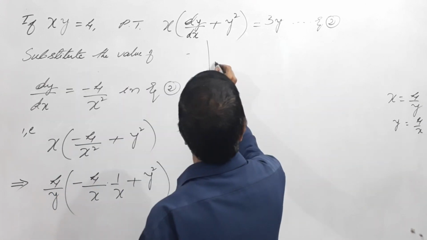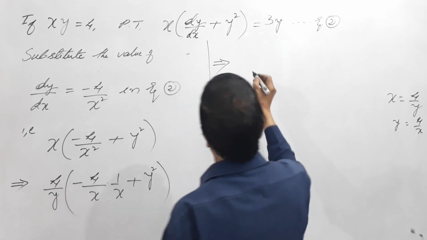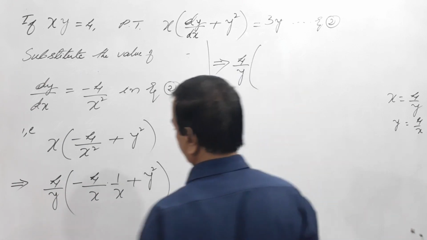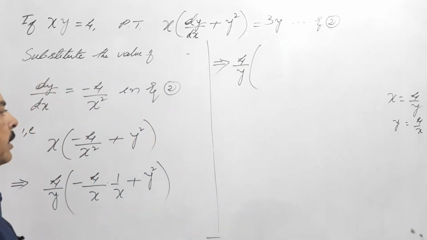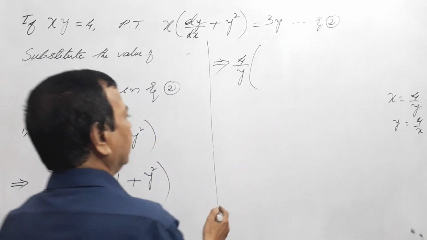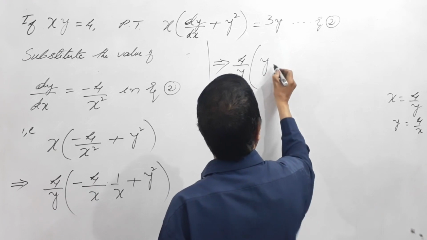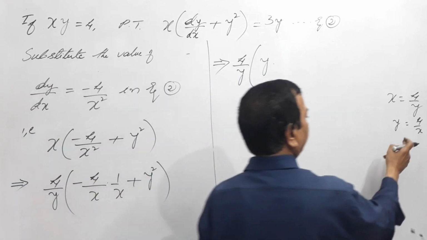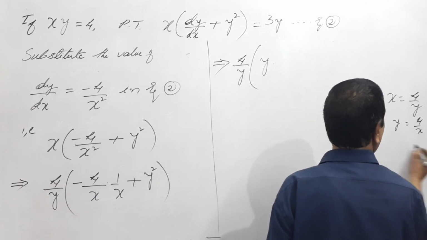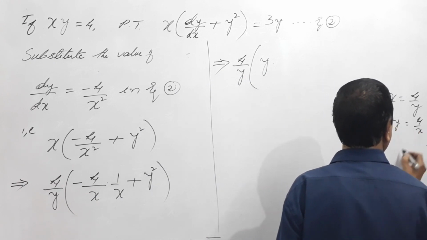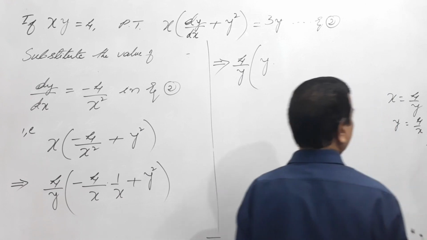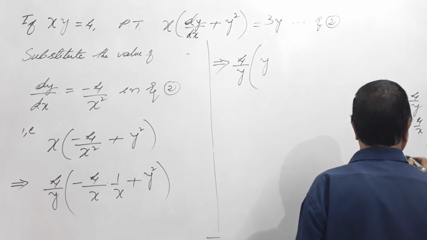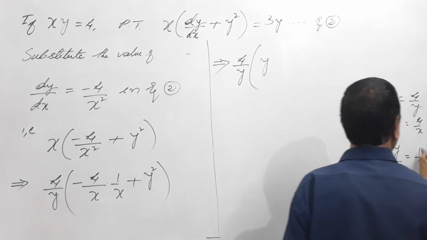So this is, which implies 4 by y into, what is 4 by x? 4 by x is y into 1 by x. Now you want 1 by x. So how do you get this? By cross multiplying. So this becomes y by 4 equals 1 by x, right?